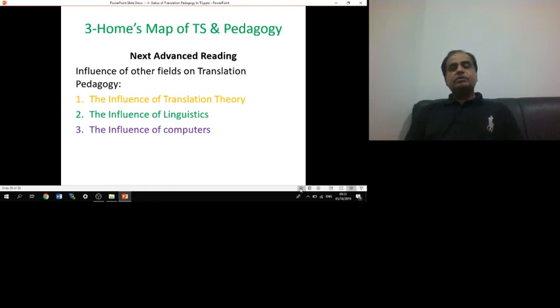And then the influence of computers on translation pedagogy. So you are required to read the pages or subheadings available in your book that cover these three topics, and this is for the next lecture.